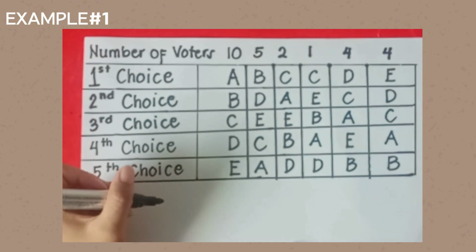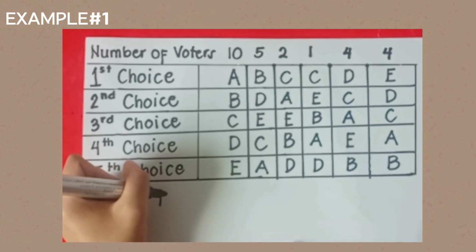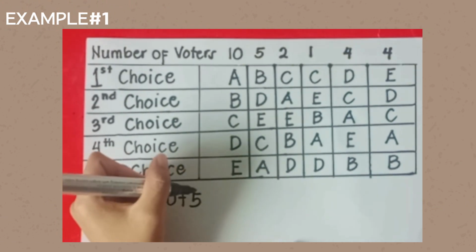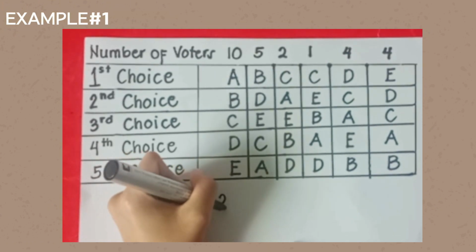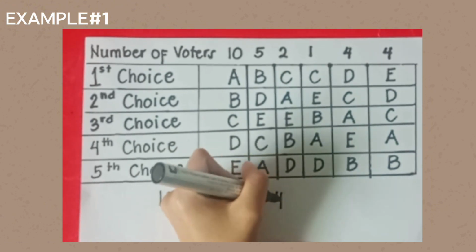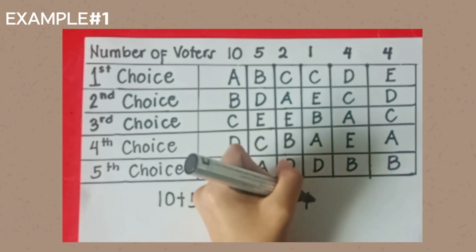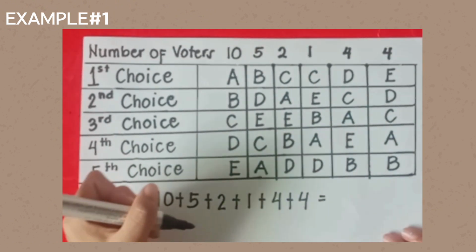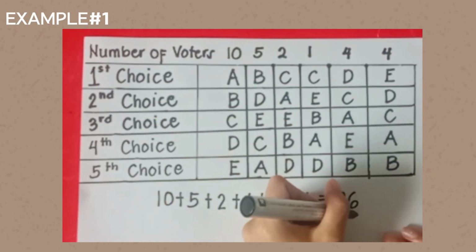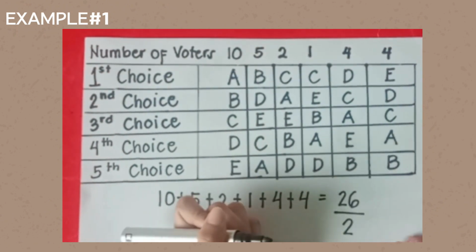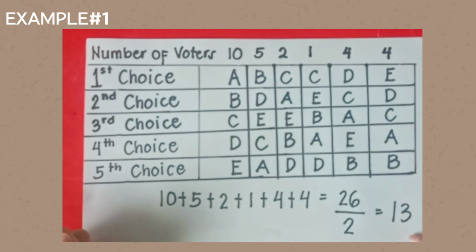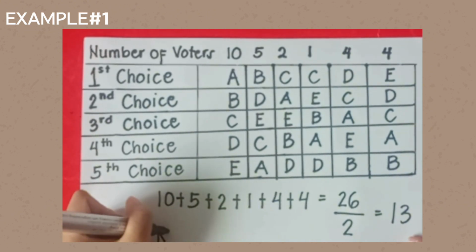The total number of voters is 10 plus 5 plus 2 plus 1 plus 4 plus 4 equals 26. 26 divided by 2 is 13. 13 is a whole number that is exactly half.